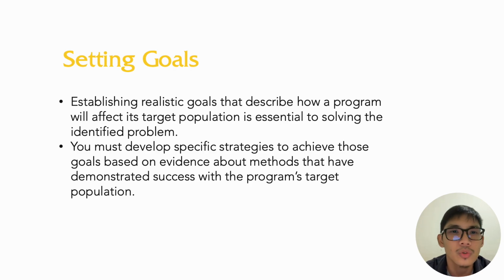If this is an issue on reading time, that's why we have implemented, for example, the Drop Everything and Read program of the Department of Education. If this is an issue on phonics, then we have to make sure that we use, for example, sight words or the teaching of sight words as much as possible. These approaches, methods, strategies, and techniques have to be already considered even in the formulation of objectives for the program.